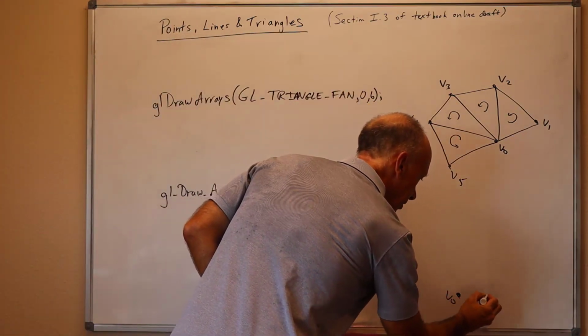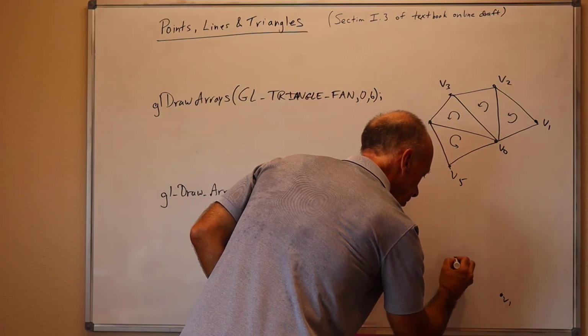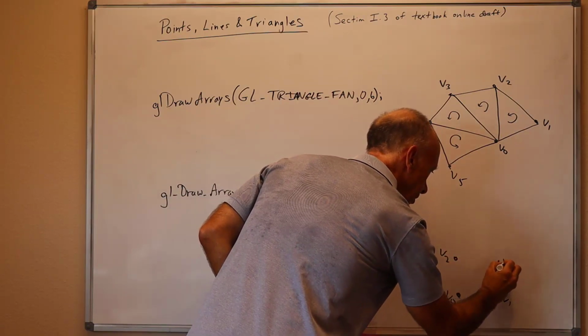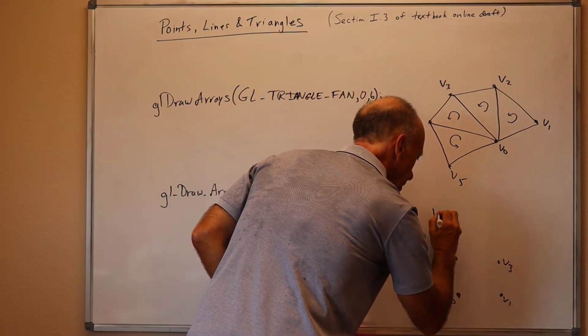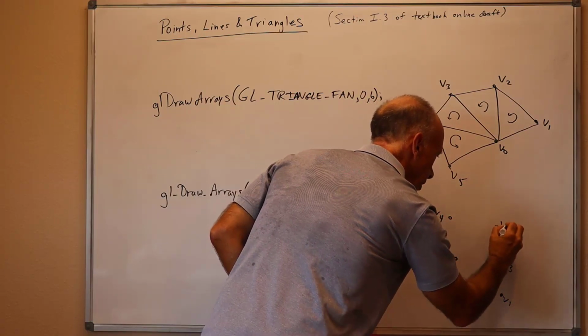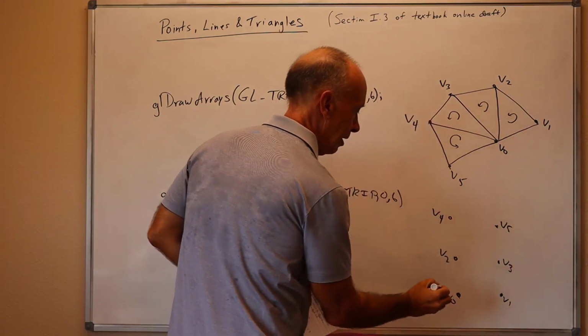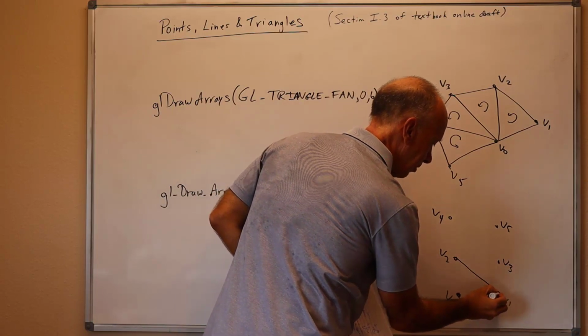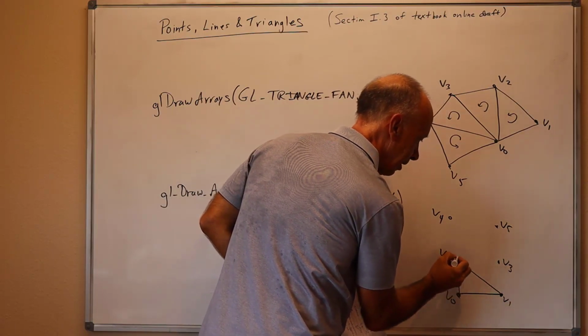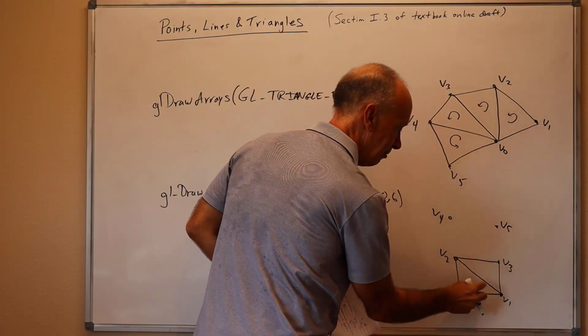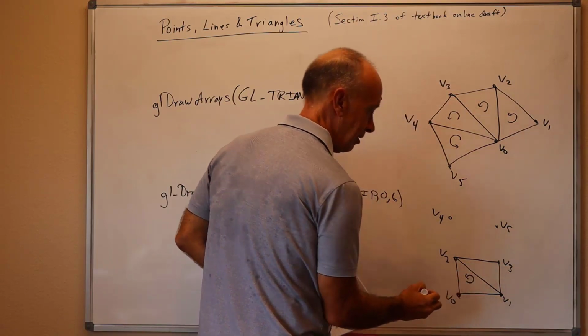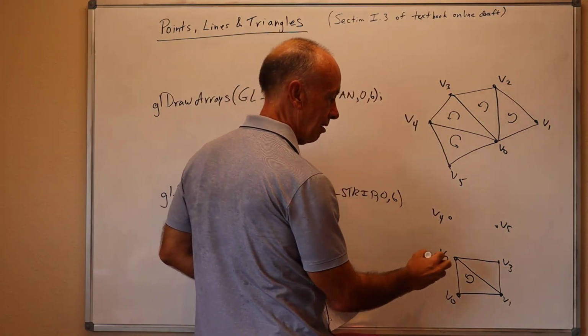So here I've got V0, V1, V2, V3, V4, and V5. And then the triangles that we draw, we sort of think of these vertices being arranged in a ladder type shape. The first triangle has V0, V1, V2, and we're looking at the front face, they go in counterclockwise order.